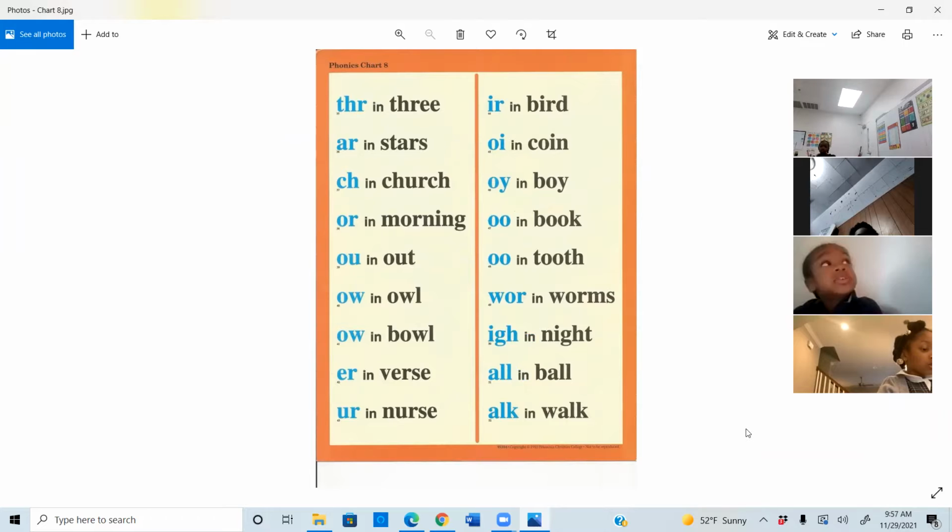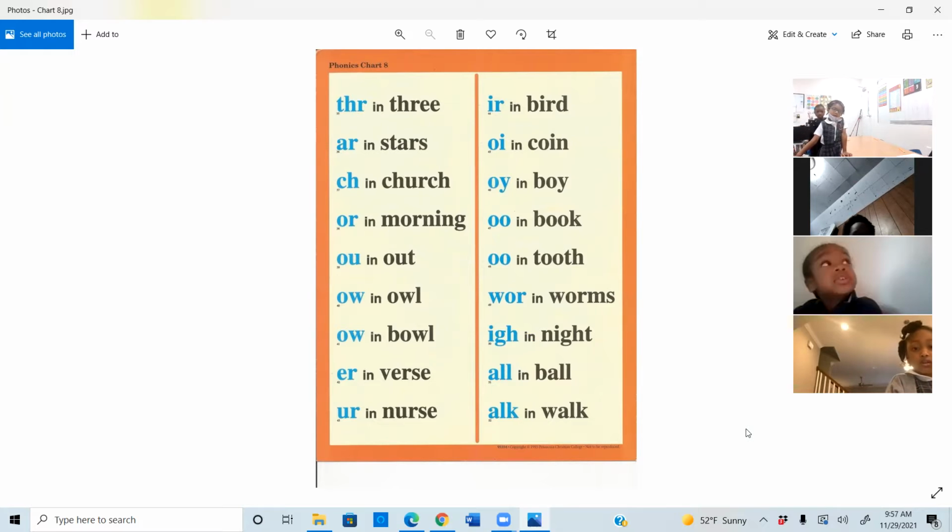OR says or, morning. OU says ow, and out. OW says ow, and owl. OW says o, and bowl.